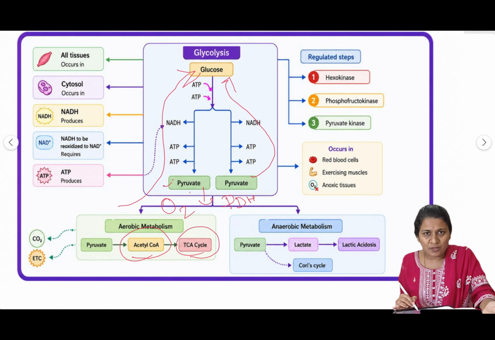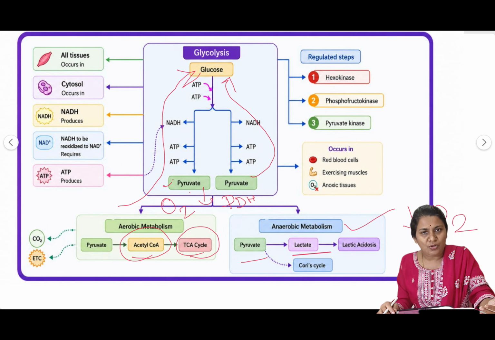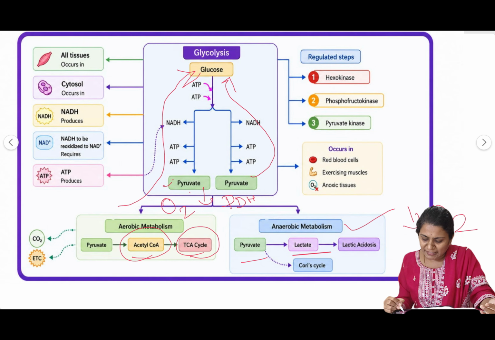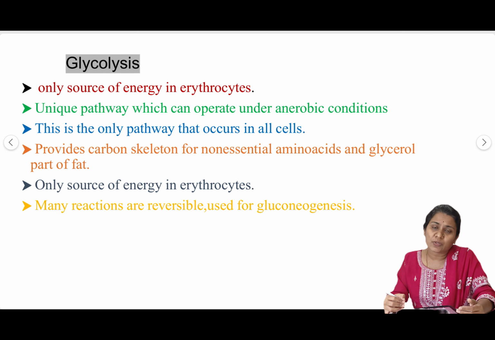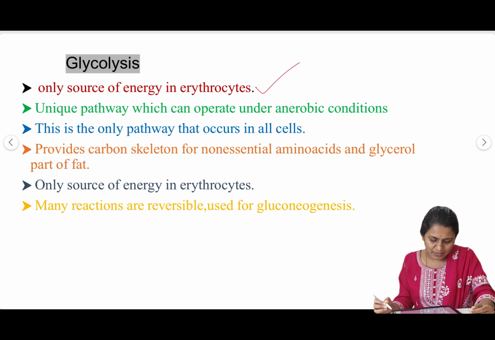What is going to happen in case of shock? There is no oxygen or decreased oxygen. At that time, energy is produced by anaerobic metabolism. Pyruvate is converted into lactate. That's why in case of shock, you have an increase in lactate levels. Glycolysis is the only source of energy in case of erythrocytes.